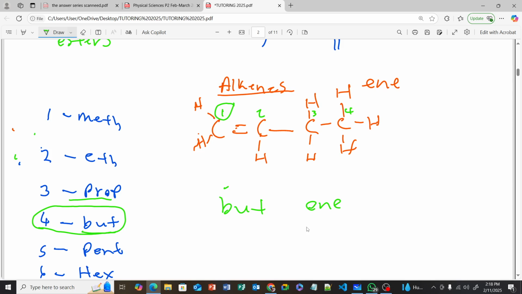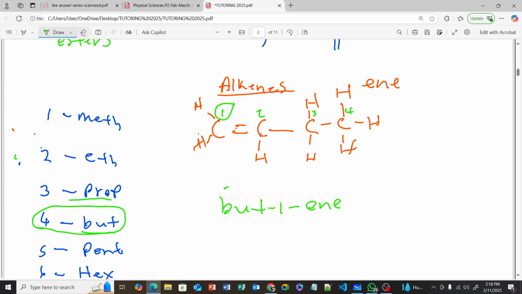Between the chain name and the suffix, you need to tell us which position is our double bond. So this double bond is at position 1, but-1-ene. So between each word you put a dash and you tell us the position of the double bond.